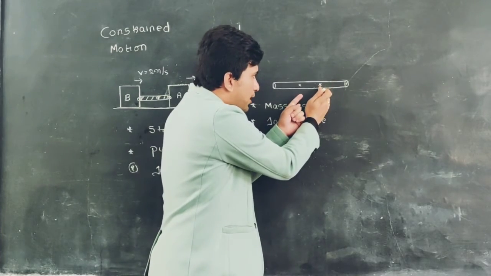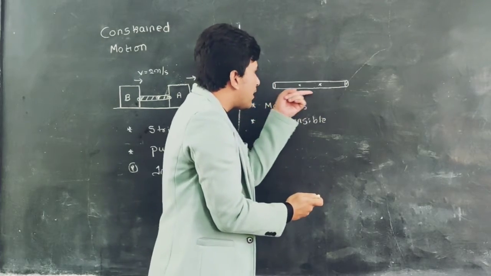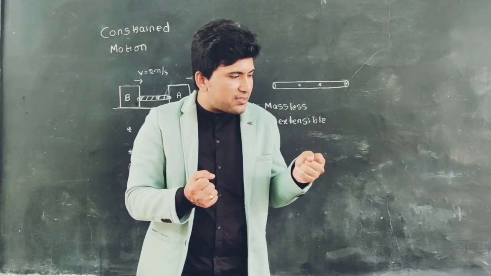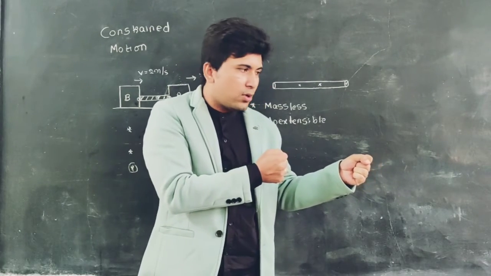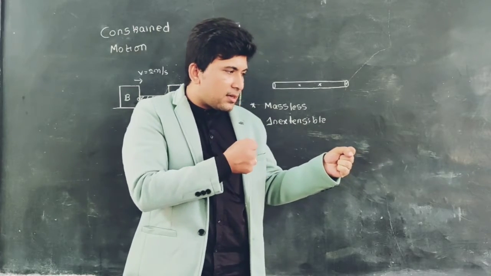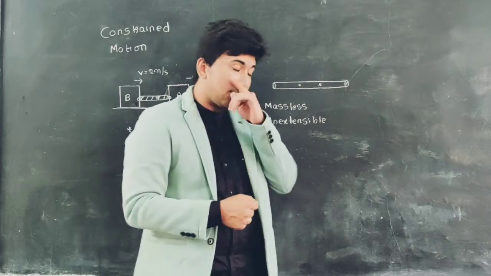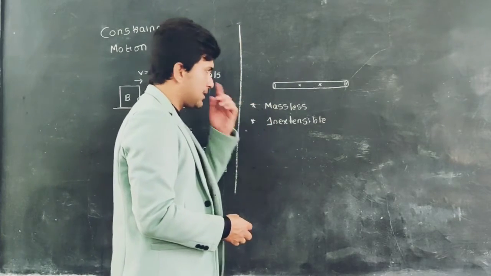If this point is moving right side with 2 meter per second and this point is moving right side with 1 meter per second, imagine what will happen. One part of the string is running very fast and the next part very slow. Then the string will try to stretch and it will break away, and we don't want that to happen. So we take these two assumptions, massless and inextensible.